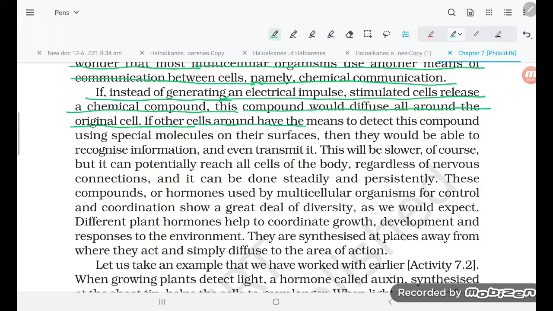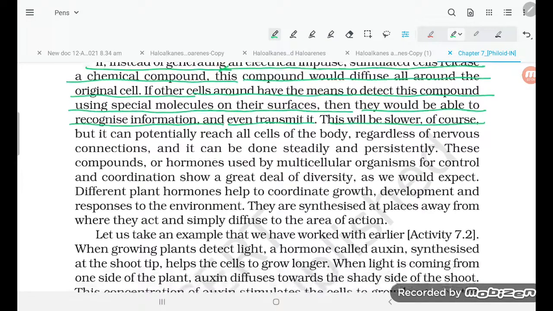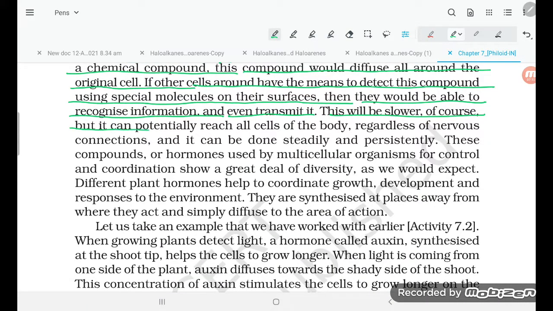If other cells around have the same means to detect this compound using special molecules on their surface, then they would be able to recognize information and even transmit it. This will be slower, of course, but it can potentially reach all cells of the body regardless of nervous connection, and it can be done steadily and persistently.